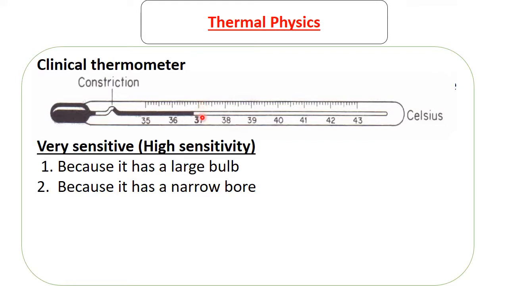Imagine if it was big like this, then a small change might not be seen because the mercury doesn't expand that much, and therefore a small increment in the temperature will result in a small expansion. But since this bore is very narrow, a small change in temperature, which will result in a small expansion, is going to be noticed.